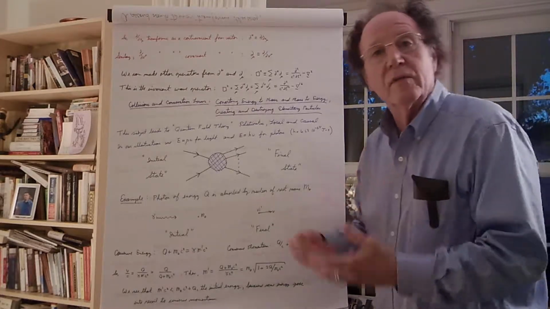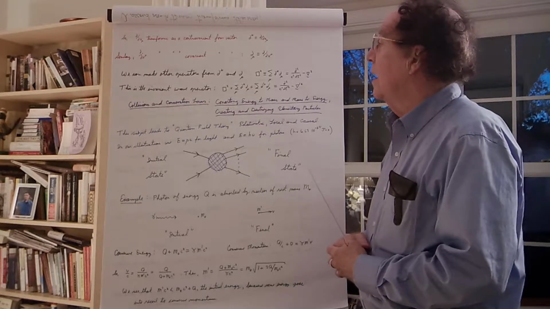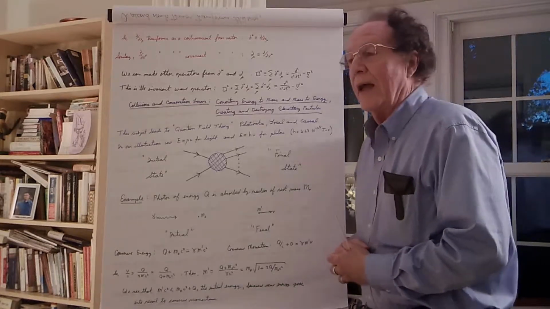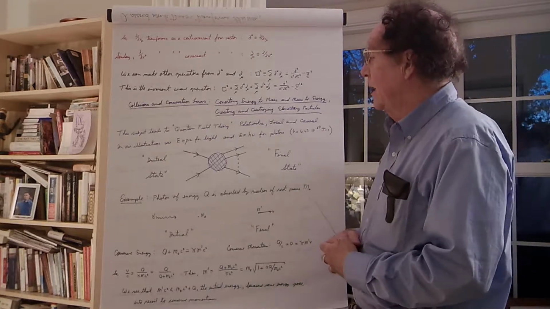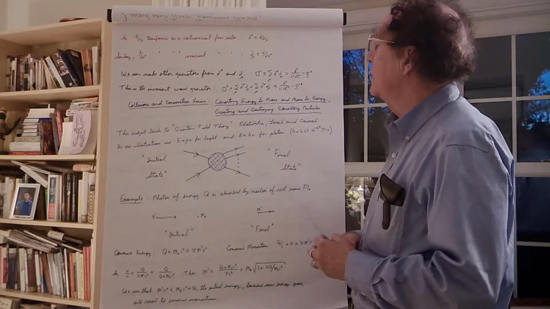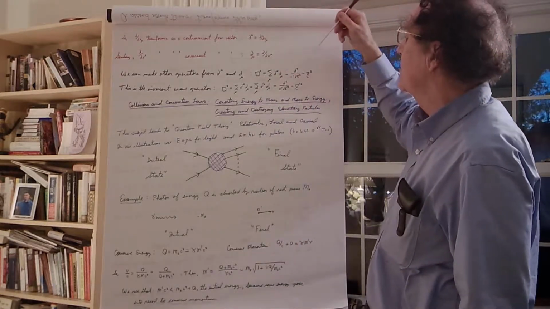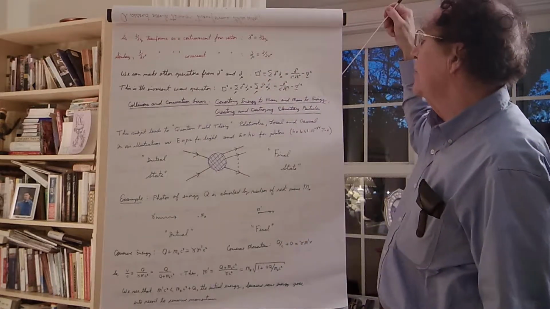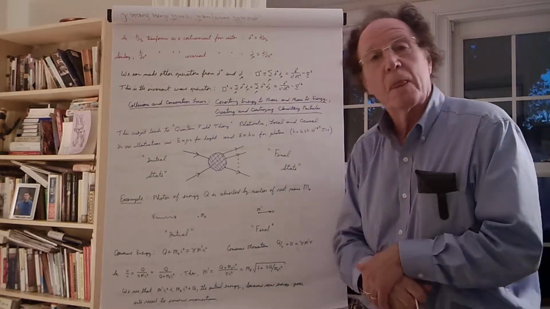We're continuing to develop the ideas of dynamics in Einstein's world, and collisions and energy momentum conservation is a good way to do that. Of course, in this discussion, we'll be converting energy to mass and mass to energy. We'll be creating and destroying elementary particles.